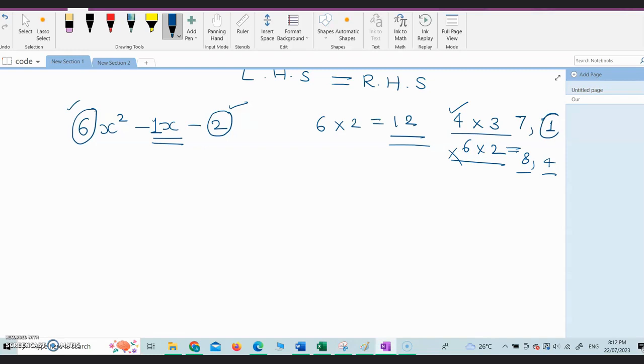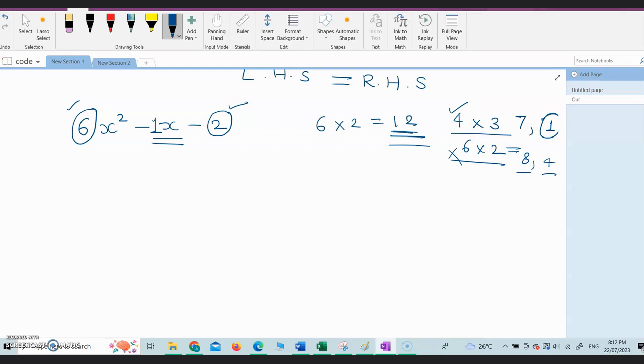Whatever number you get, you have to split it. You need to find the factors of this number, and then you need to add those factors, or subtract those factors, so that you get the coefficient of the middle term. So basically we are splitting the middle term here.